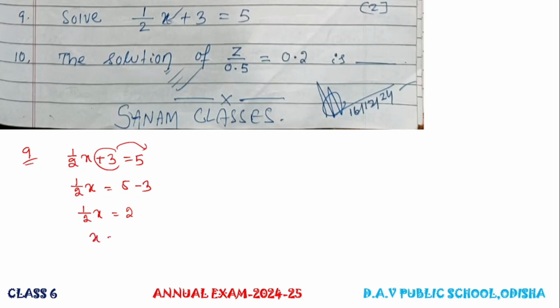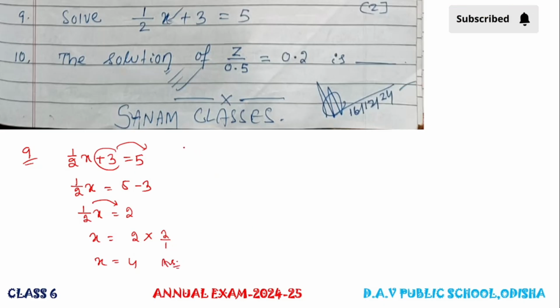Now x equal to 2 into 1 by 2 means 2 by 1, because 2 is division, it becomes multiply. If the left side is a fraction, then when it goes to the right side, it will be the reciprocal. Okay, then 1 by 2 means 2 by 1. So multiply. So x equal to 2 twos are 4. Answer.